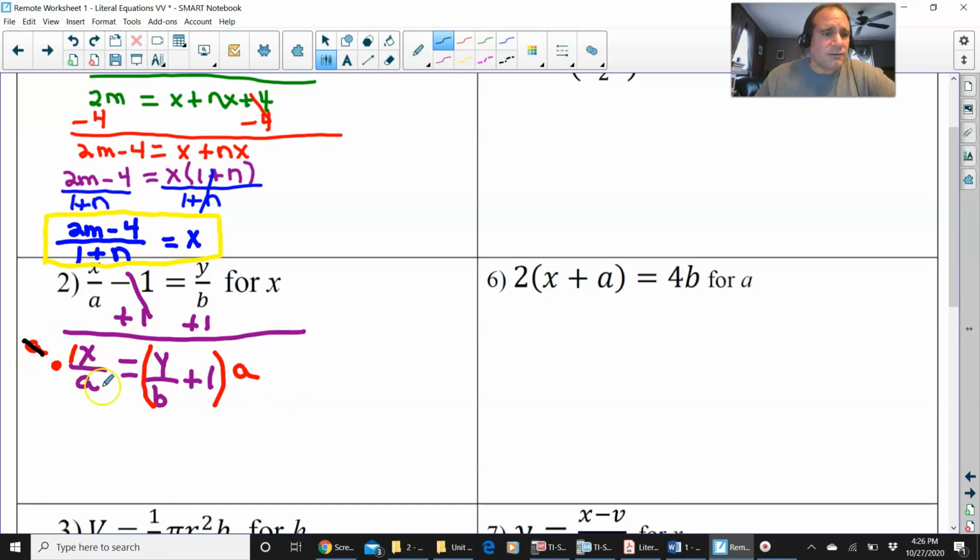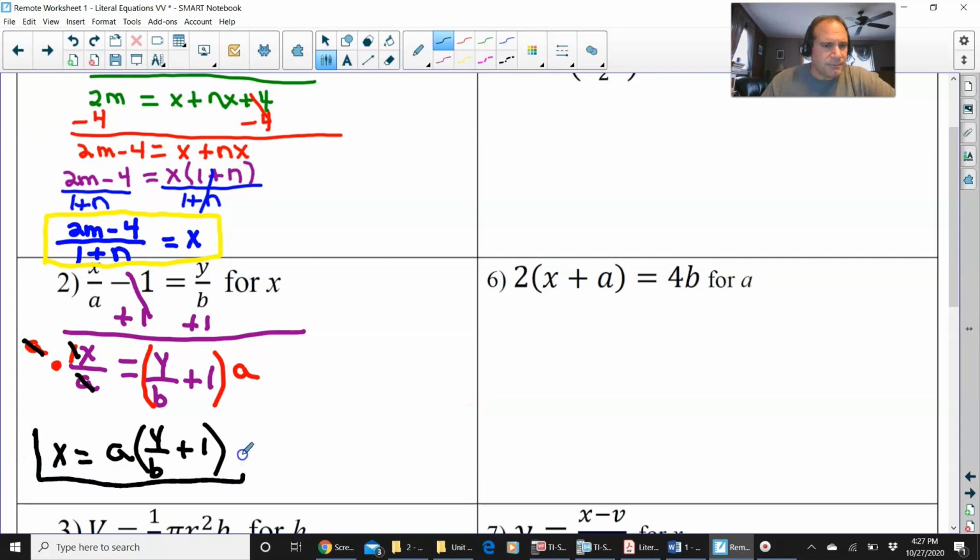That's not incorrect, it's just that I'm going to cancel this out, and the 1 is understood. So you have x equals, and I'm going to put the a in front, times y over b plus 1. Okay, and that is my answer for number 2. And that's it.